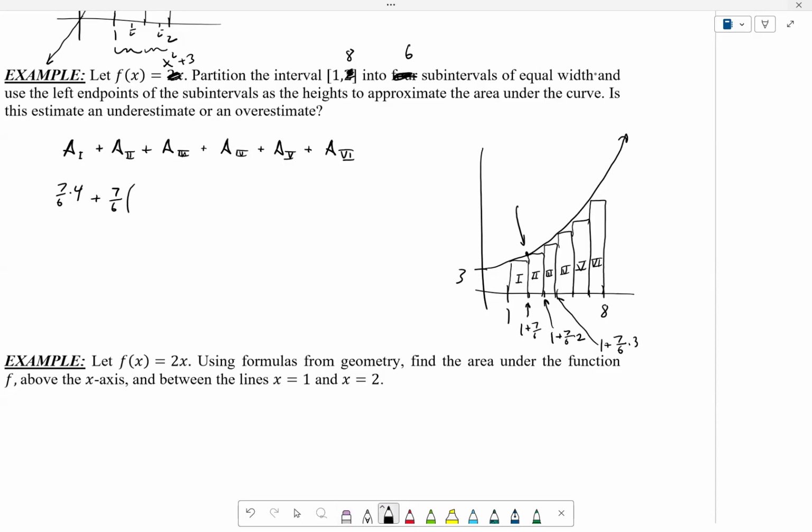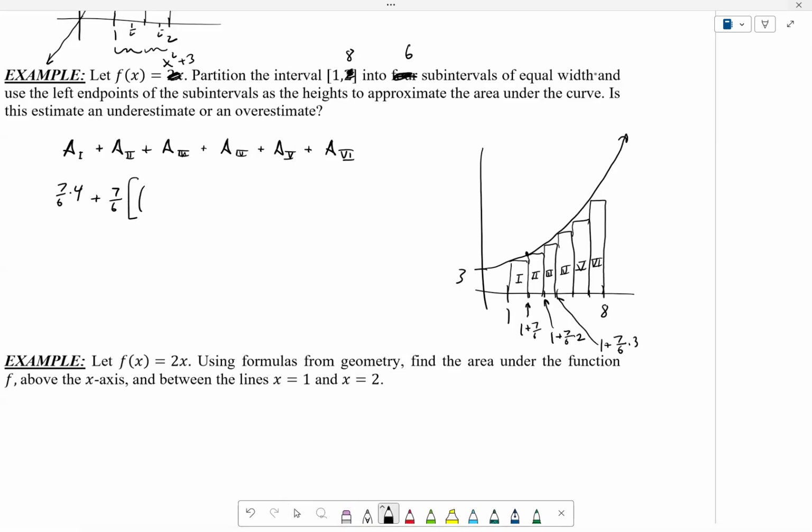We're building on that 1 and then adding 7/6 plus another 7/6 plus another 7/6, kind of like arithmetic. Do you see the arithmetic sequence happening there? There's a common difference. So the x value there is 1 plus 7/6. To get the height of this rectangle, I just had to take that number and plug it into our crazy expression there.